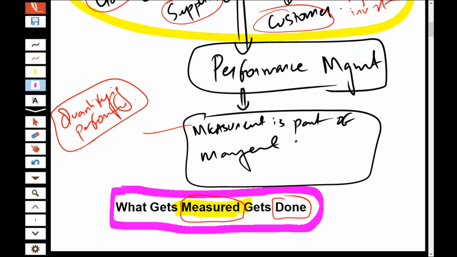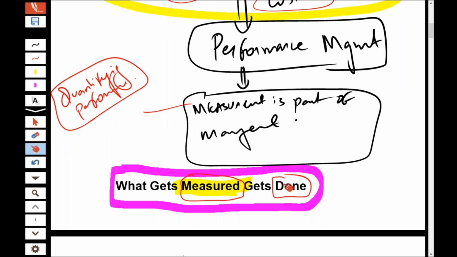That is, if you are going to start measuring things, ultimately those things are going to get done.